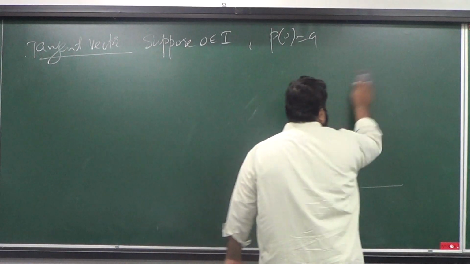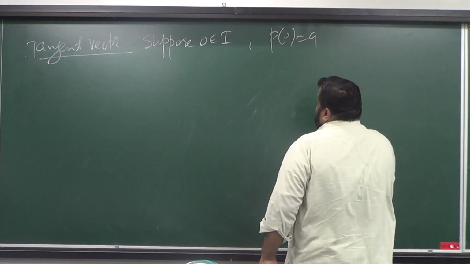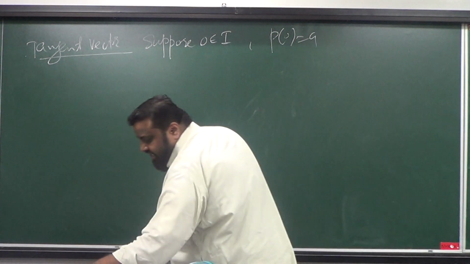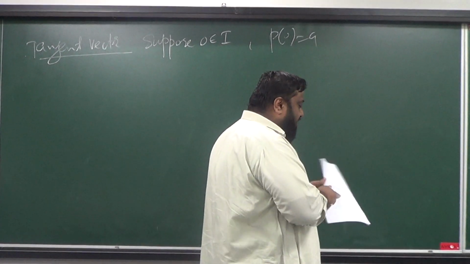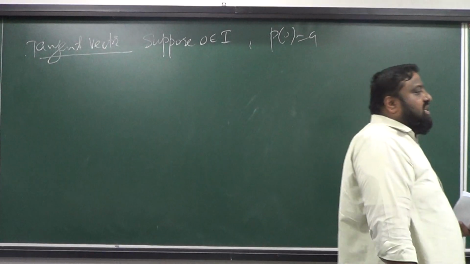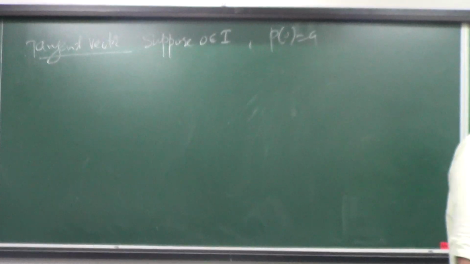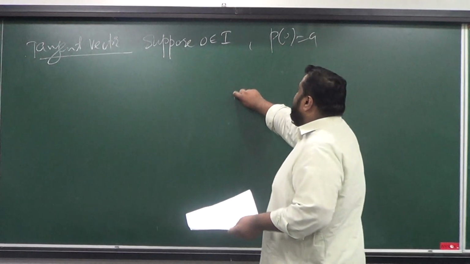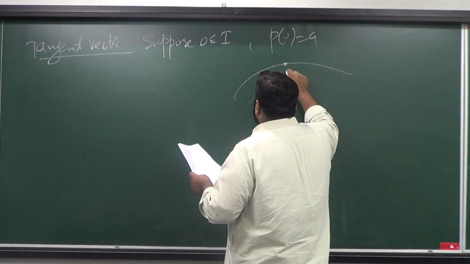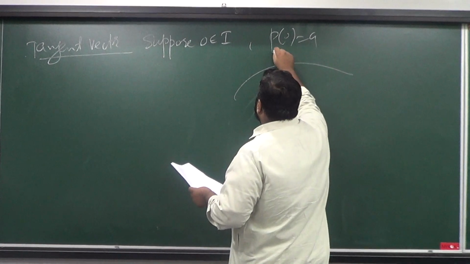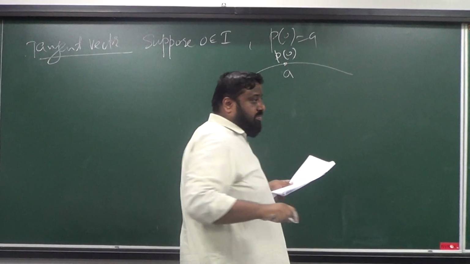Okay, so imagine 0 is inside the interval, at any point, and when I operate the p onto the 0, it is going to be a point on the curve. So if this is a curve, then this is the point A, and this is p of 0.